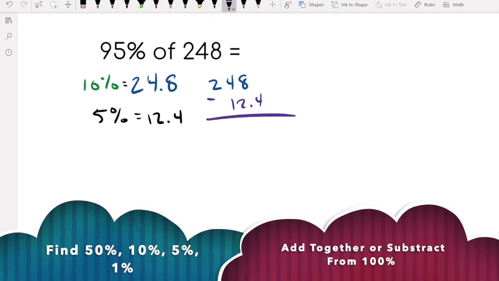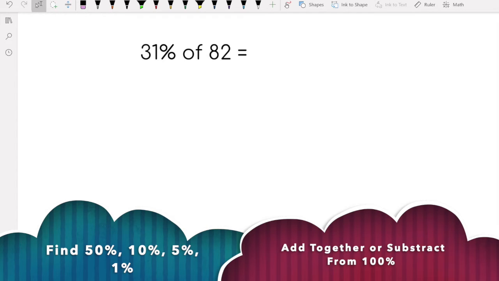When you're subtracting decimals, and there's a different video on this, what I do is round up to 13. So you do 248 minus 13, which is 235, and then you go down 0.6, because you added 0.6 to get to 13 from 12.4. So this is 235.6.